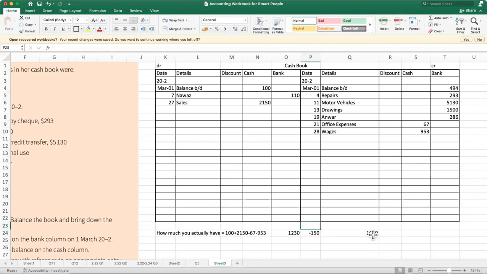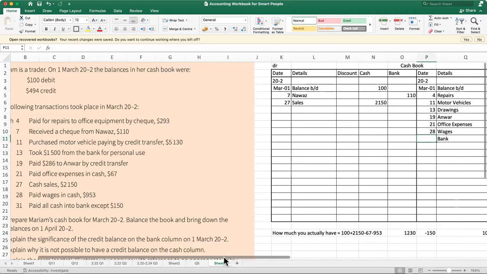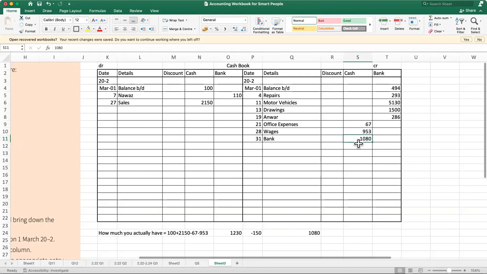So we are to take this amount and put it inside our bank. So we need to take it out of my cash account. Pay to where? My bank account. Very good. And then we're gonna put it into on the 31st. So you see, the money has left my cash account going to the bank account.